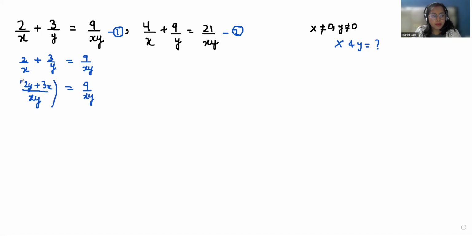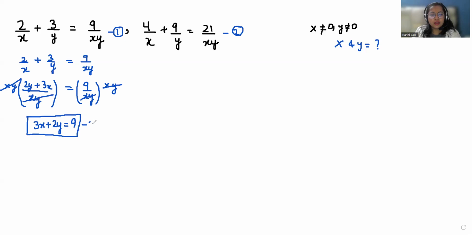Now, I'm going to multiply both sides by xy, so we can eliminate the denominator part. So what is left? 3x plus 2y is equal to 9. And I am considering this as equation number 3.